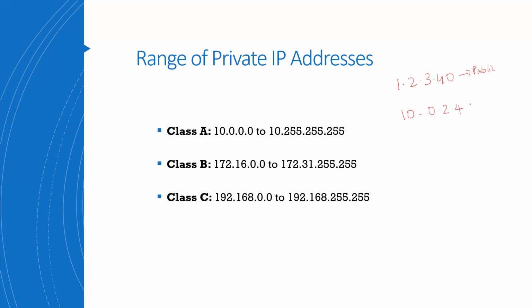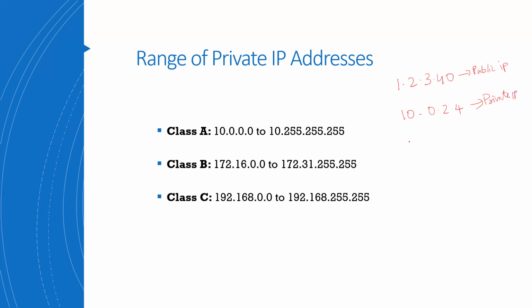Okay, let's take another example, 10.0.2.4. Does it come inside this range? Yes, because it comes in class A, so it is a private IP.